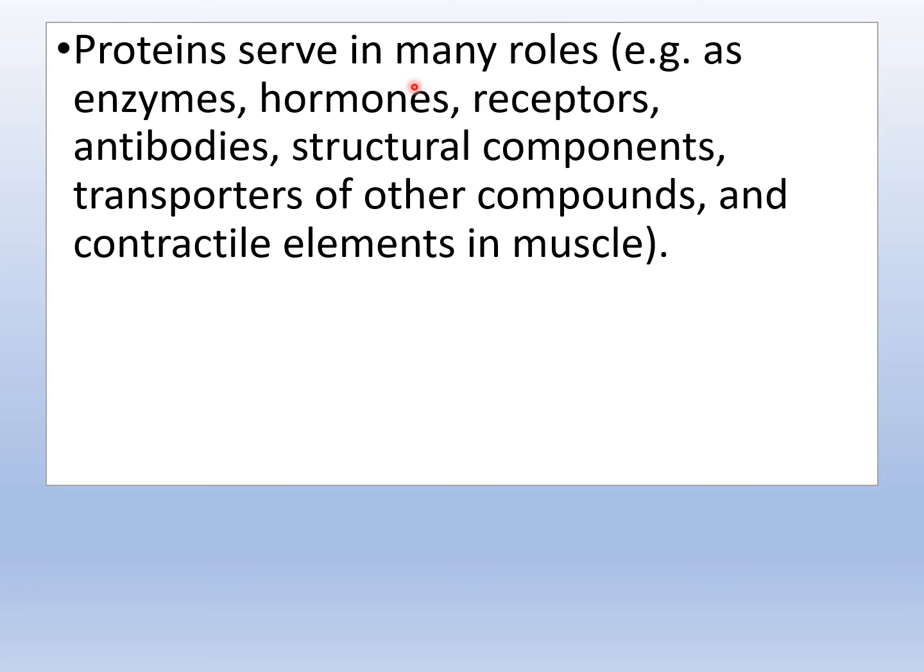Proteins serve in many roles, such as enzymes, hormones, receptors, antibodies, structural components, transporters of other compounds, and contractile elements in your muscles, such as your actin and myosin. Enzymes, yep.